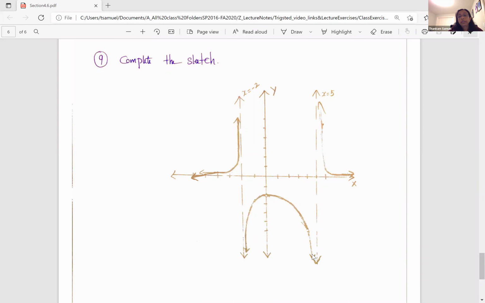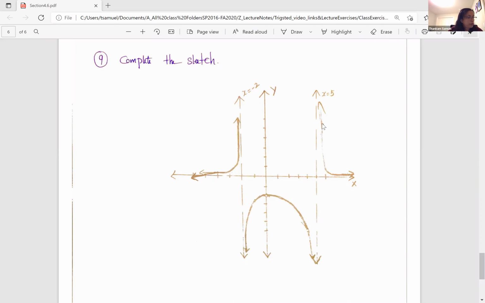Then when you look at this part of the graph, as x approaches 5 from the right, the graph is going up, or f of x is approaching infinity. And we have taken some points, corresponding to x equals 6, we got 5.5.